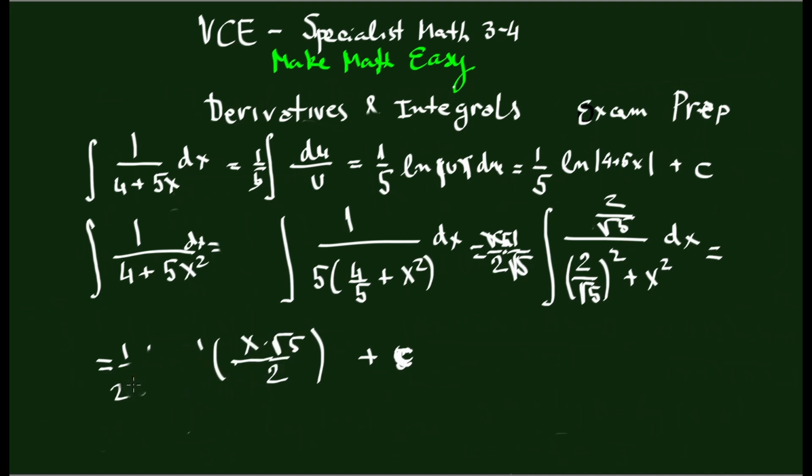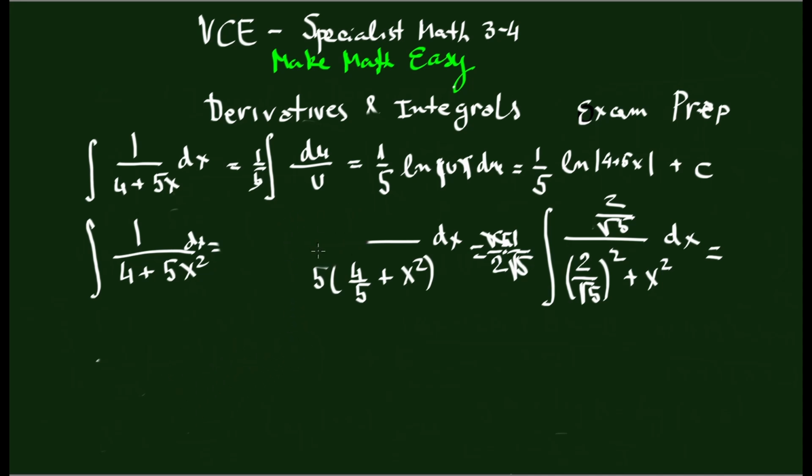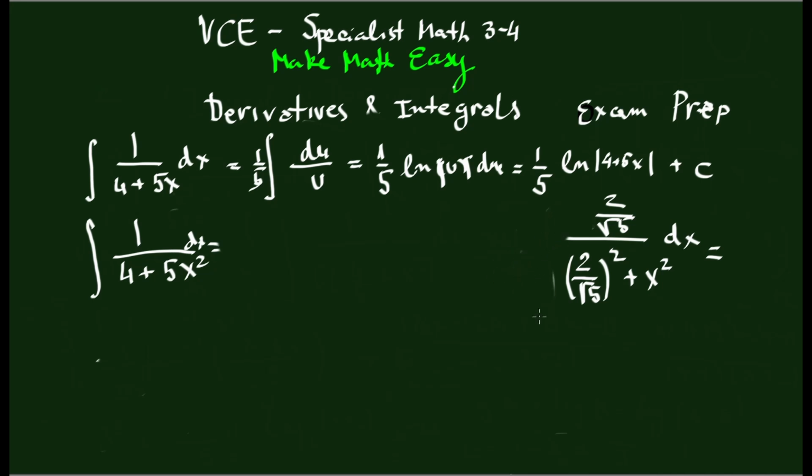Let's go to our next integral, and instead of having 1 as the numerator, we'll make it x. So let's see what that will change. So instead of this 1, we'll make it x.